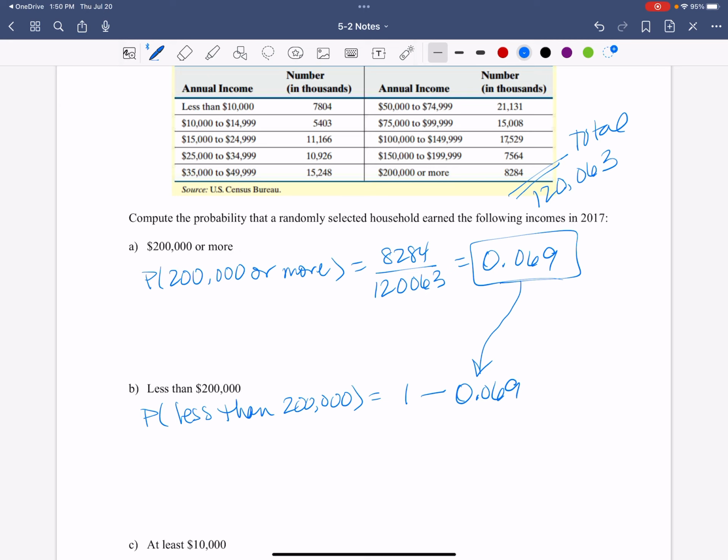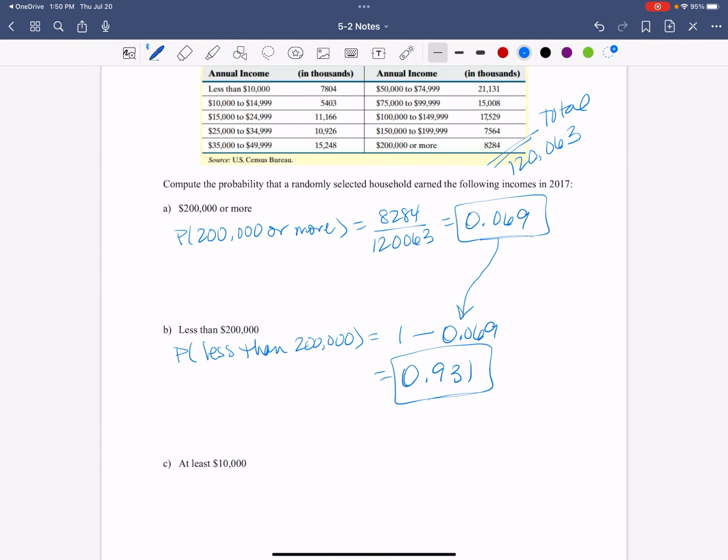We just figured that out, so we're going to use that. No sense in doing work twice, right? I hear that. All right, and we get what? 0.931 is what I got. Is that what you got? Hope so.